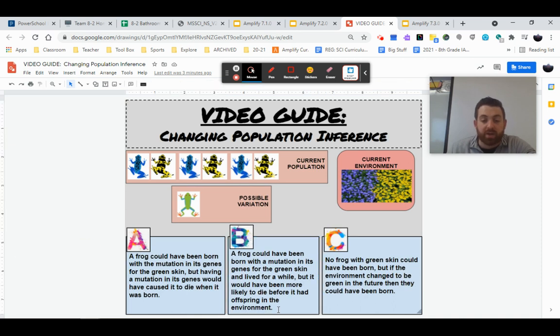Hopefully we recognize that it's B. Mutations can occur, but it's not going to survive because a green frog wouldn't blend in. Its predators would probably eat it. Mutations are typically harmless overall, and the idea that having a mutation would cause it to die is just silly. We have lots and lots of organisms, ourselves, the human race included, that have mutations, and that doesn't mean we're going to die at birth. So the answer here is B.